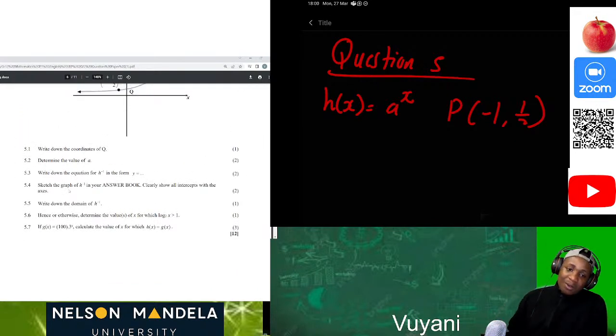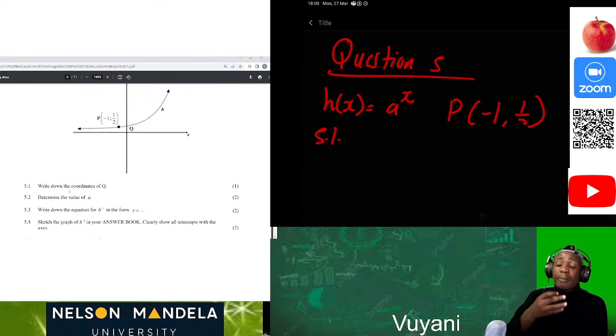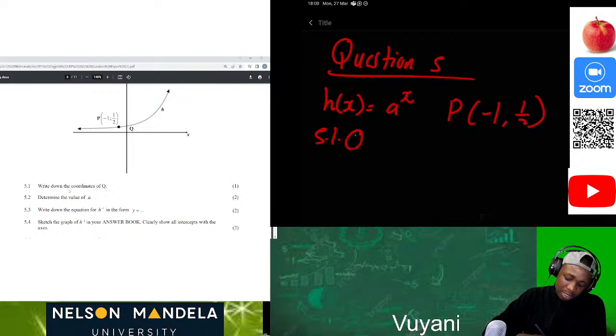Oh, wow. Write down the coordinates of Q, guys. This is so easy because we already know the coordinates of Q. It's like I was prophesying. So always, guys, know how to solve a problem by just looking at it. So 5.1, the coordinates of Q, it's just easy, guys. Someone is asking, how did you just see that? We can see that Q is a y-intercept, so x will be 0.